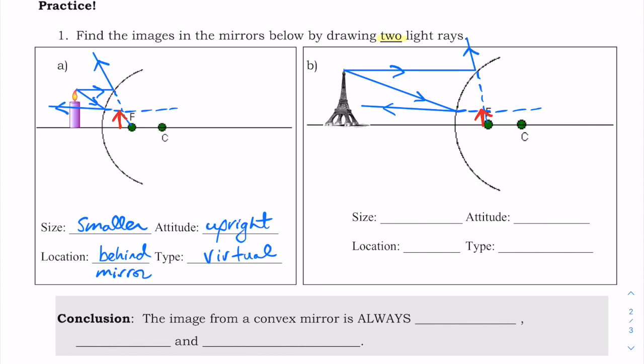So the size is again smaller. It's upright as well. The location is once again behind the mirror. And therefore that makes it a virtual image.